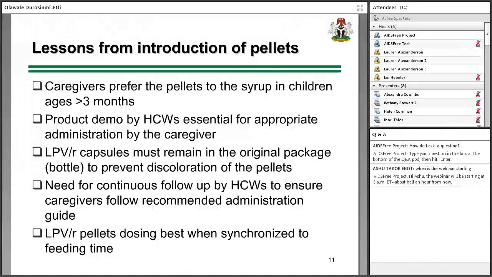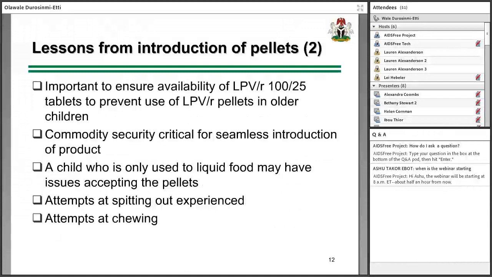Finally, we found that the Lopinavir pellet dosing is best when it is synchronized to the feeding time of the patient. Other lessons learned from the introduction of the pellet is that it is important to ensure the availability of Lopinavir ritonavir 125 mg tablets. This is to prevent the use of the pellet in older children, which could also disrupt product availability.